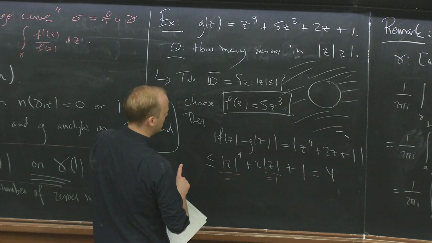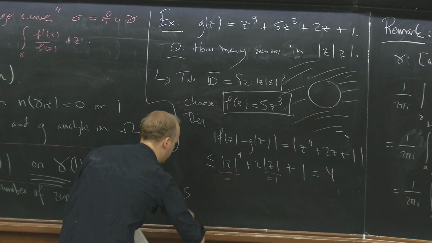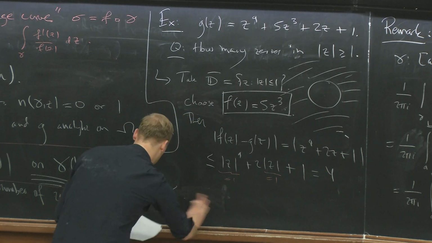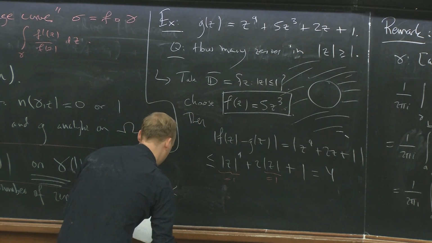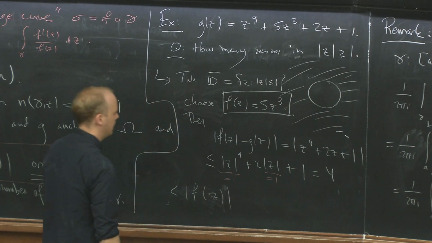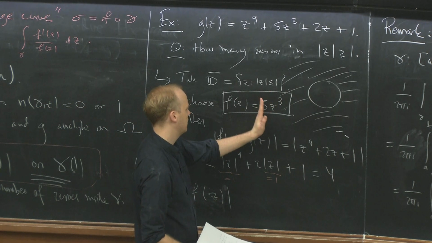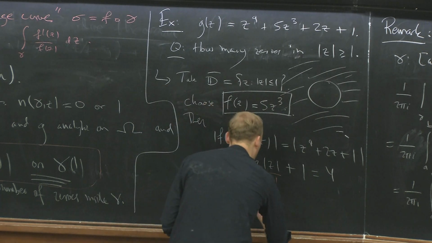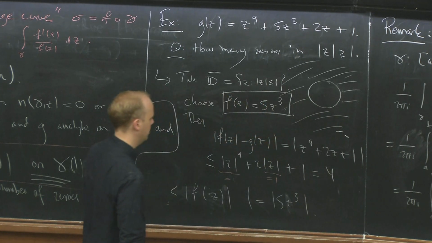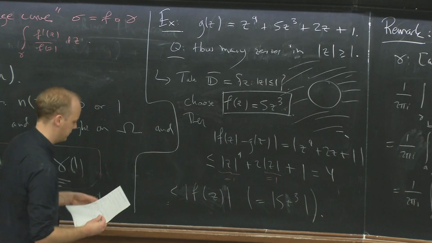And 4, we need to compare with the absolute value of this thing here. So this is less than or equal to 5 times the absolute value of 5z cubed... So we see that this thing holds, at least. This is the first thing.